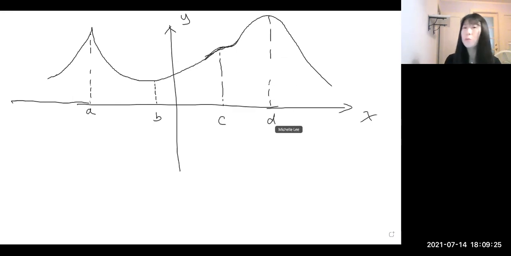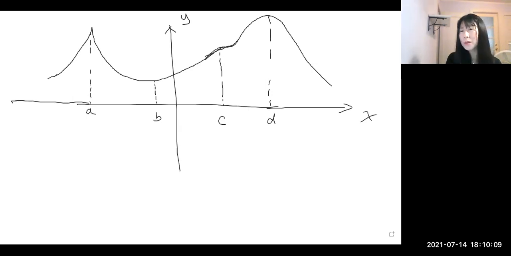Can anyone recognize when I label A, B, C, D? Are they points of inflection? Oh, we did not get to that yet. From the last time, it's a critical point, right?